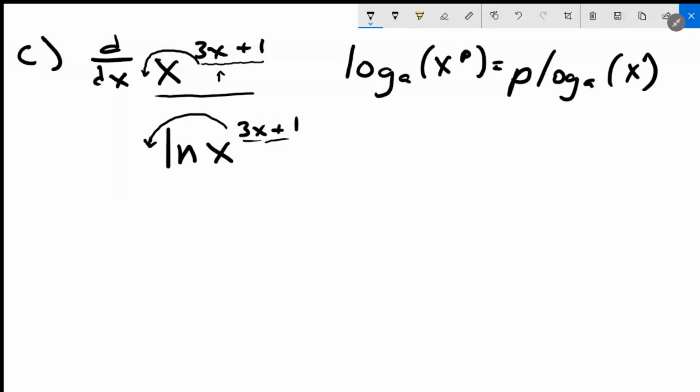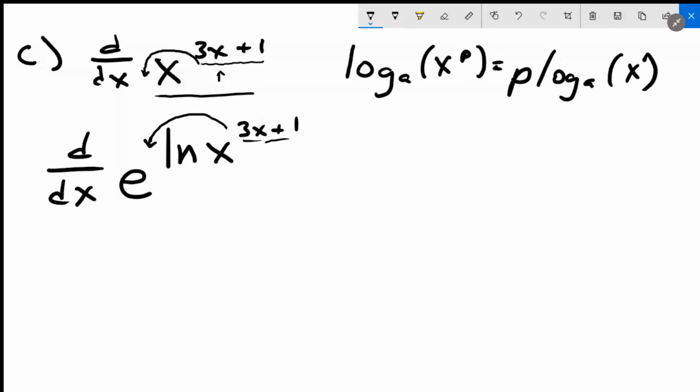But what we can do is say e to the ln of x to the 3x plus 1, because ln of x to the 3x plus 1 just means what power do we need to raise e to get this? And we're raising e to that power.